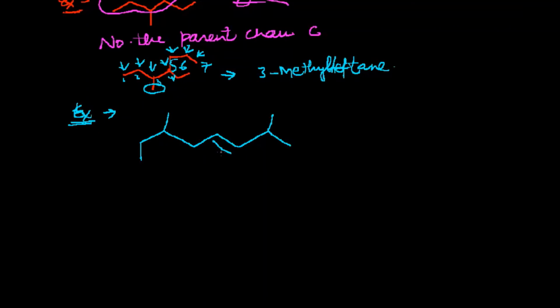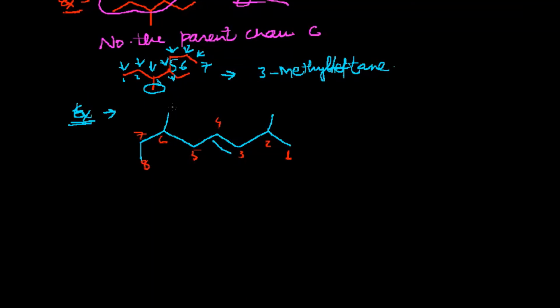Not at all. Reason being, there is a functional group, that is your double bond, and we should count from the side where the double bond comes nearest, and therefore the numbering must be done from this side. So it is 1, then 2, 3, 4, 5, 6, 7 and 8.